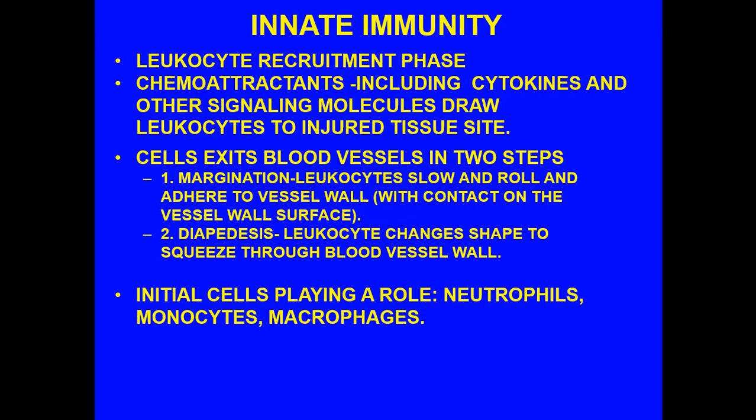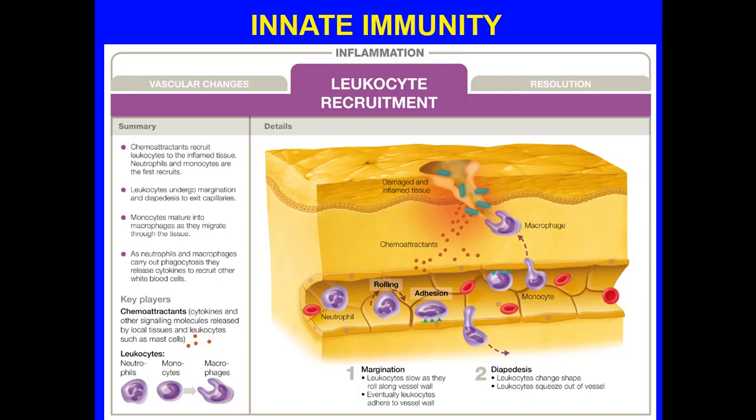The key players of this are going to be neutrophils, monocytes, macrophages, the immediate innate cells that are going to come in there and start gobbling up the bacteria or whatever else is causing the infection. And here you have the leukocyte recruitment.